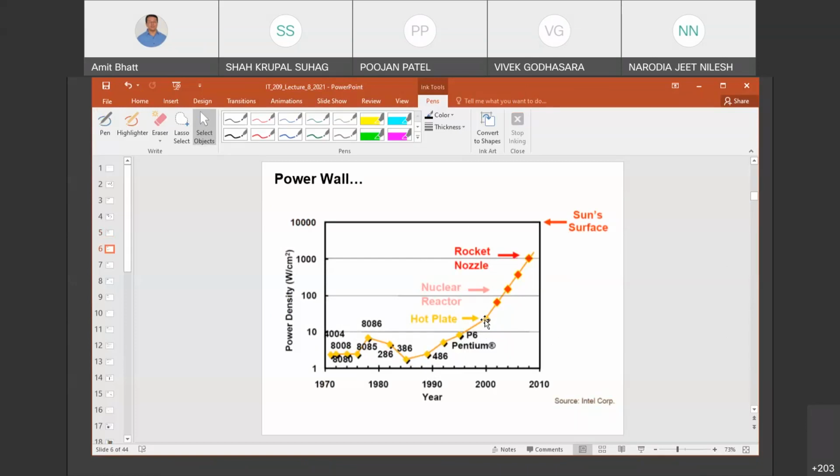But when you go higher, and he has drawn only up to here, and actually we are here. So even at this point, in the very near future, the hotness of the chip would be like the sun's surface temperature of 3000 or 4000 degrees centigrade. It will be that much power density of that particular chip. So that means you cannot.